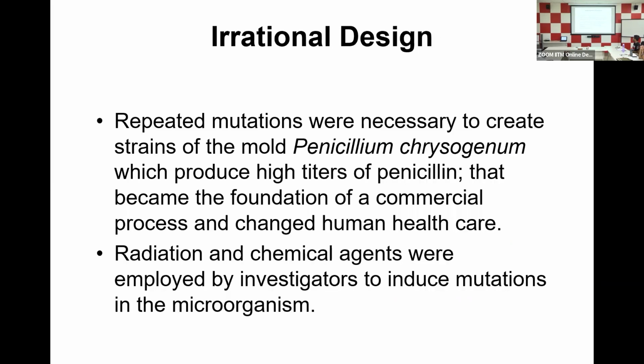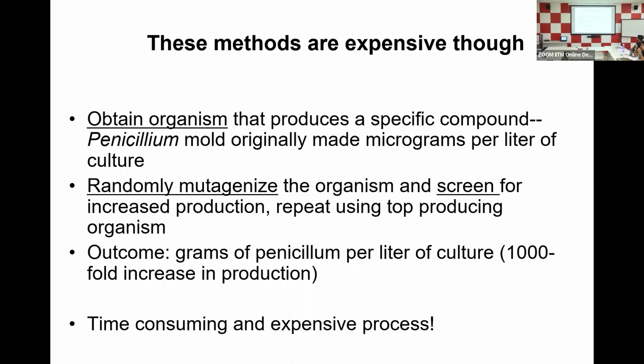So it is possible, and this is something that historically has been done in some cases, to do what is called irrational design. Irrational design is simply that you start with a bacterium, or a fungus, that does something interesting, like production of penicillin, and just by subjecting the microorganisms to chemical agents and then selecting for those that do better, you can induce a large number of mutations and have a way of selecting the ones with increased productivity.